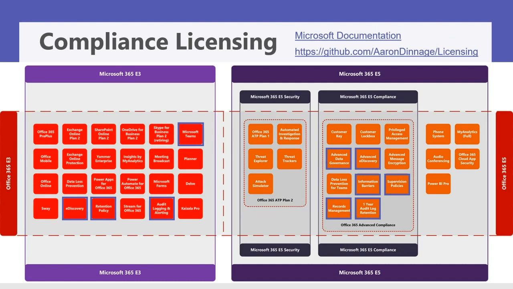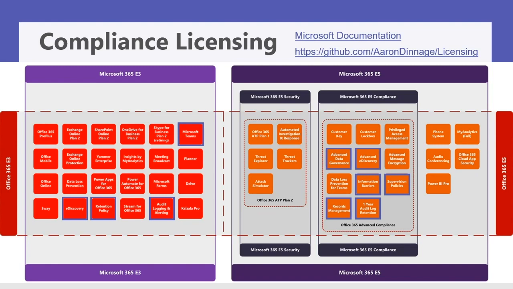Now, in the E5 compliance license, you're able to do some more things. So, for example, advanced e-discovery, which uses artificial intelligence and other advanced capabilities to really reduce the amount of time you need for discovering and culling through mountains of documents. We have advanced data governance, which is more the records management and advanced retention features.